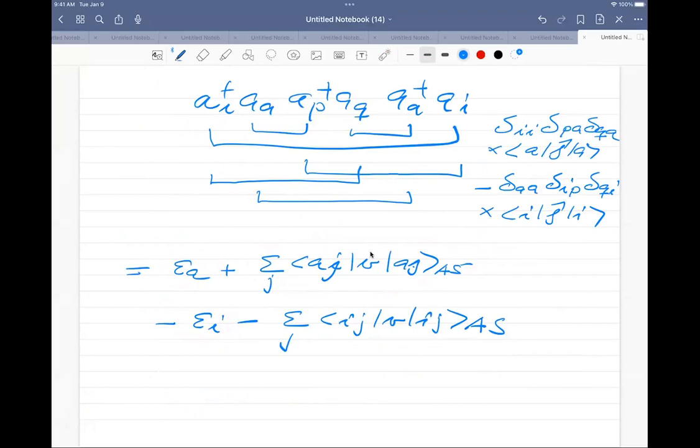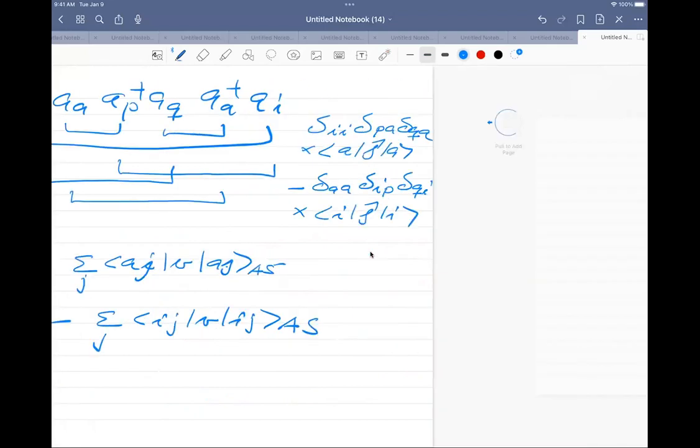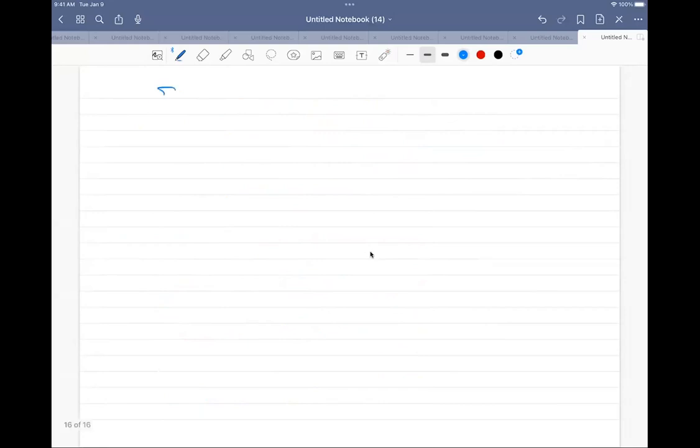Then what we need to calculate is the expectation value of the two-body operator which we have. So the final term is this one. So we will have a sum over pqrs. That's going to be an integral of rs. And we write this in terms of anti-symmetrized matrix elements. There's a factor 1/4.